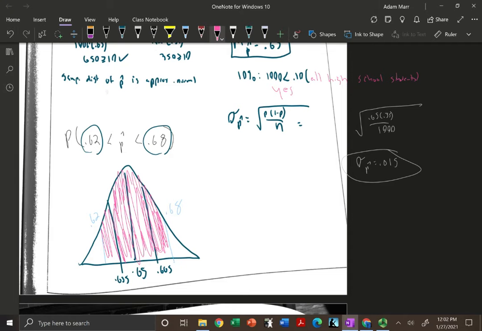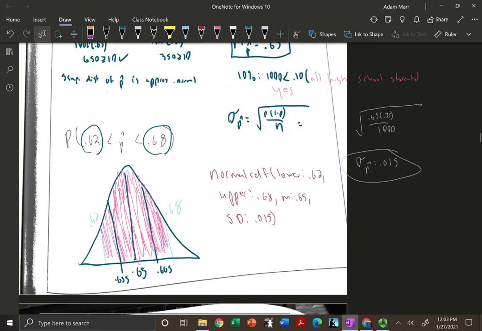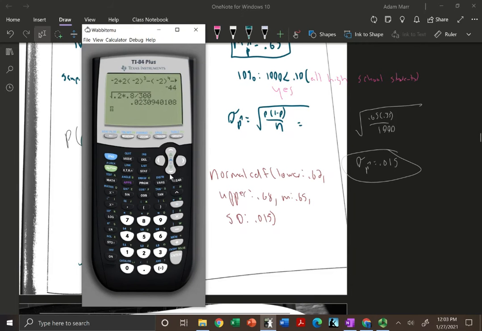All right, so that will be on your calculator. Remember, normal CDF, lower is 0.62, upper is 0.68, mean is 0.65, standard deviation is 0.015. All right, and that comes out to, let's do that. Okay, we'll go to second distribution, normal CDF, enter.